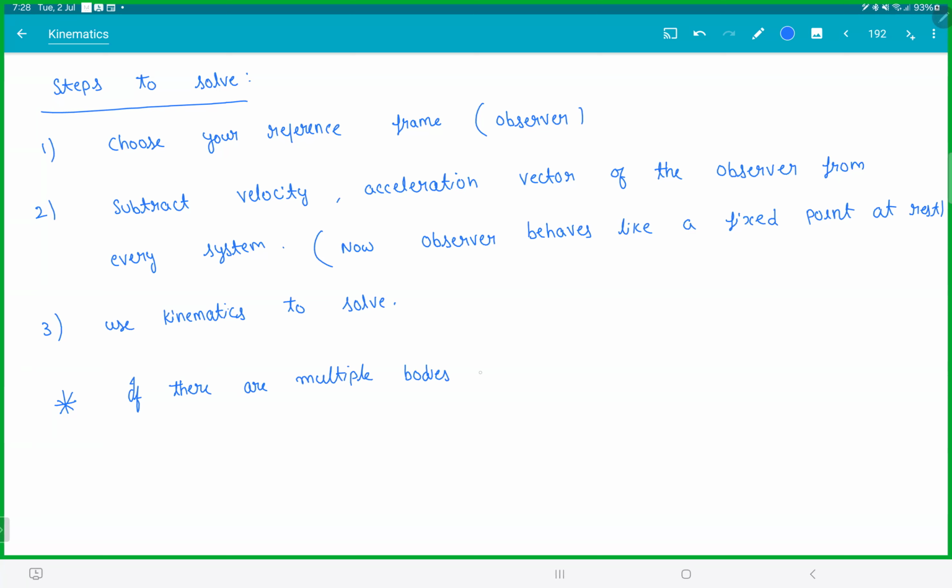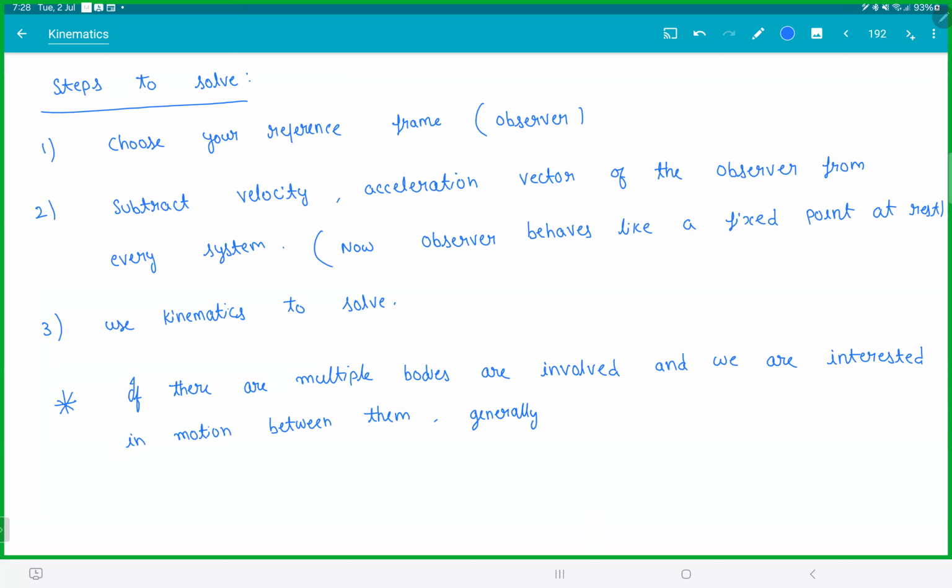If multiple bodies are involved, and we are interested in motion between them, generally it's a relative motion.